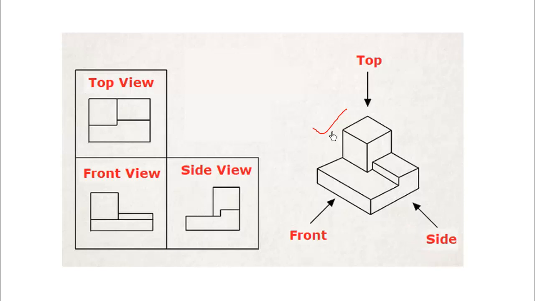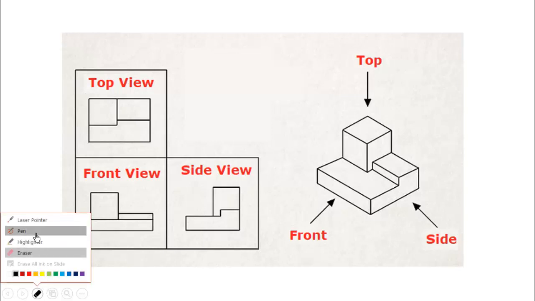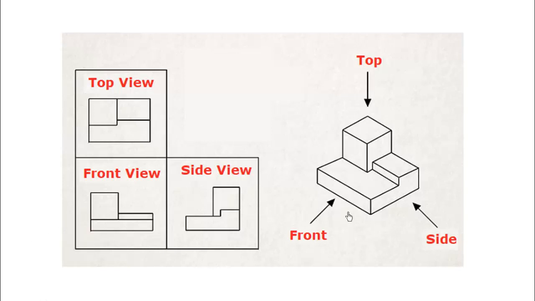We will start with the top view. From the top view, what are the parts which will be visible? From the top side, this square box will be visible. I'll write this as part 1.